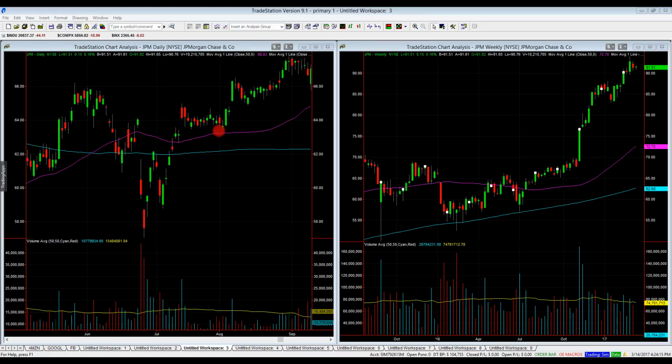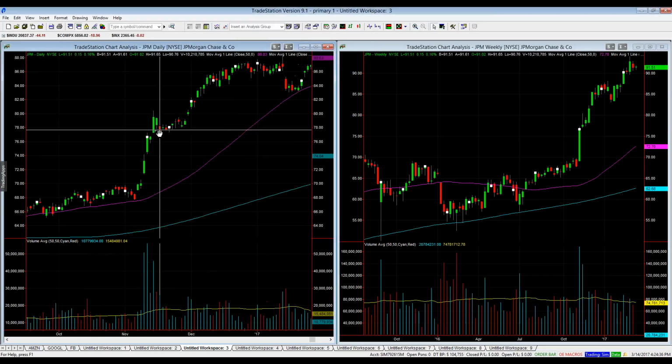Here's a nice test of the 50-day moving average in early August. You look at what JPM's doing at that time, it's regaining the 50-week moving average, retesting it, and holding it. And most recently for JPM, it just kind of took off to the upside off that 50-week hold. And you look at this daily chart, obviously she's just been a monster.